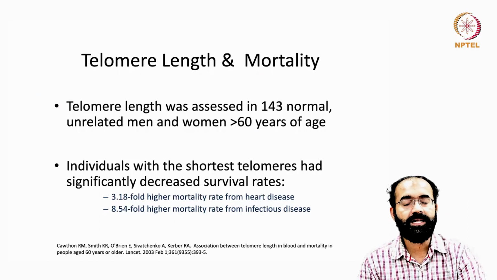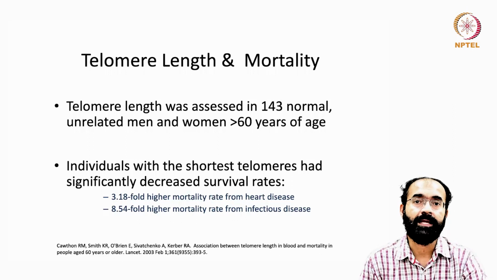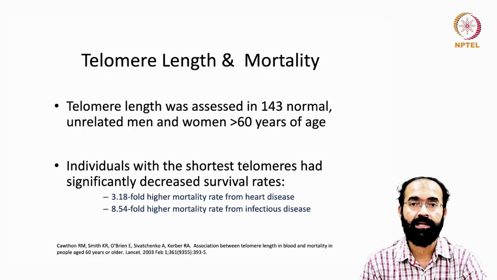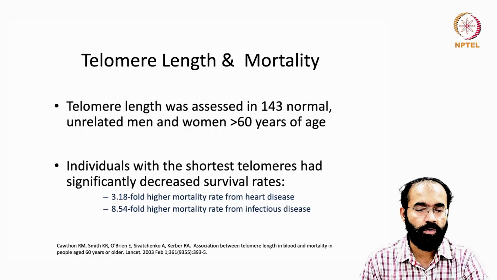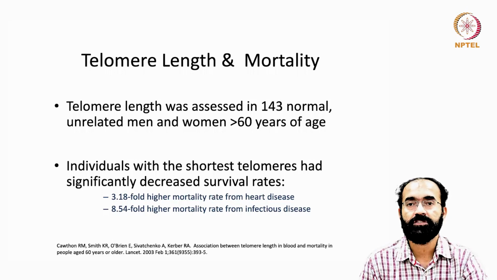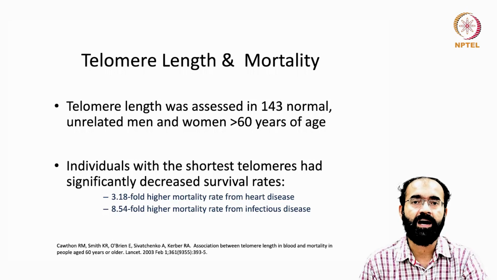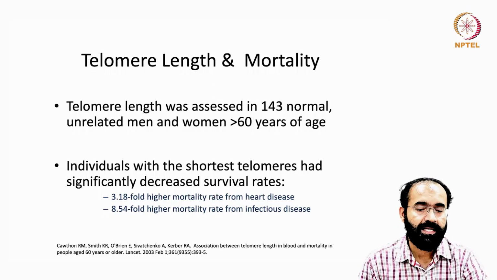So telomere length and mortality is a solid connection, a strong interrelationship, for mortality of a cell or even an organism. Telomere length was assessed in 143 normal unrelated men and women who are more than 60 years of age, basically in the second half of their lifespan.